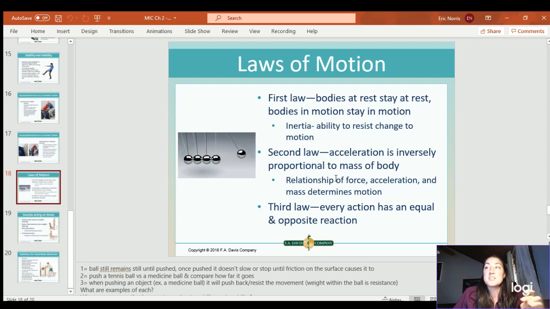The relationship of force, acceleration, and mass all determines the motion. So how much force you apply, how quickly you apply it, and how much mass or matter is in that object to resist that. And then the third law is about that resistance, that every action has an equal and opposite reaction. So if I'm pushing the water bottle, the reason it's not moving is because it's heavy enough to push against me.